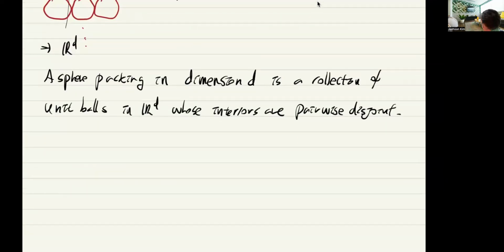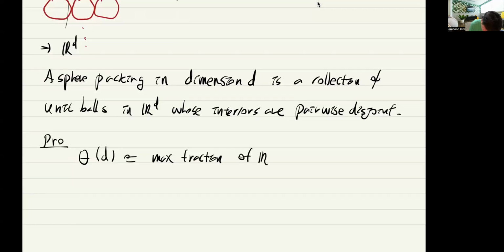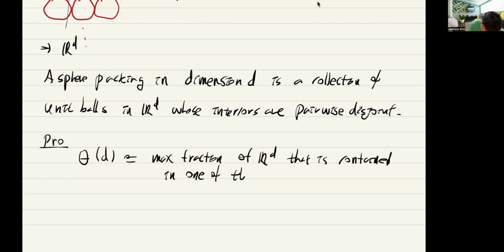The famous problem is determining theta of d, the maximum fraction of R^d that is contained in all of the spheres.